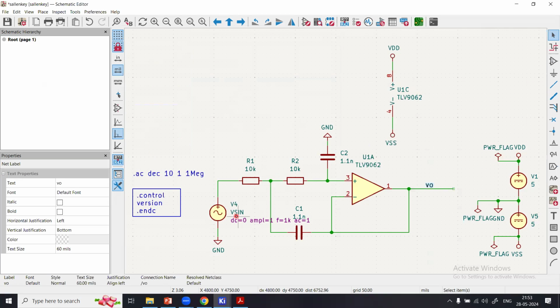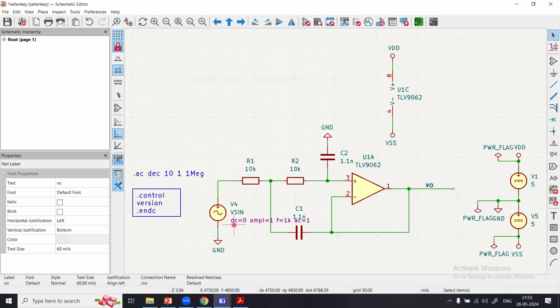That is the voltage source, which has a DC voltage of 0, an amplitude of 1 volt, a frequency of 1 kilohertz, and the AC magnitude of the signal source is also 1. So all kinds of analysis depend on which analysis I do at a time. Accordingly, the specific category will be selected.